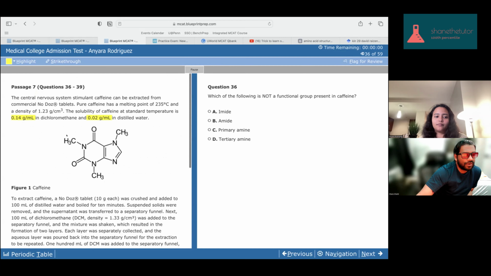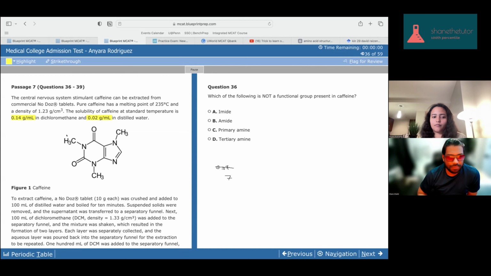It's like 0.07, I think. 0.02 goes into 0.14 seven times, right? Yeah. And that's what that approximation thing was saying. All right, cool. So we already know what to look for in that regard. Good job noticing that.